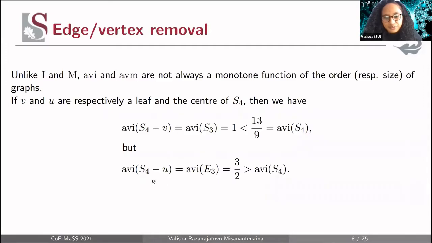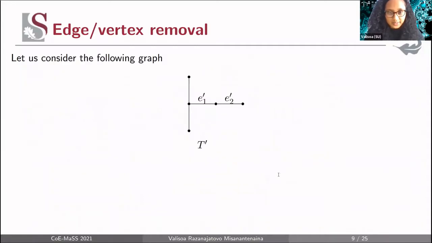However, if we take out the blue vertex, the center, we end up with an edgeless graph, or empty graph, of size 3, which will have an average size of independent sets greater than the average size of S4. So it is not always decreasing or always increasing, but a mix.